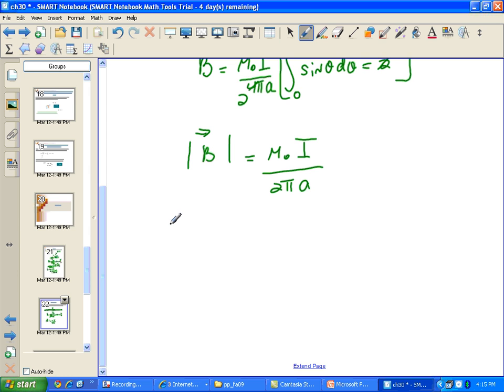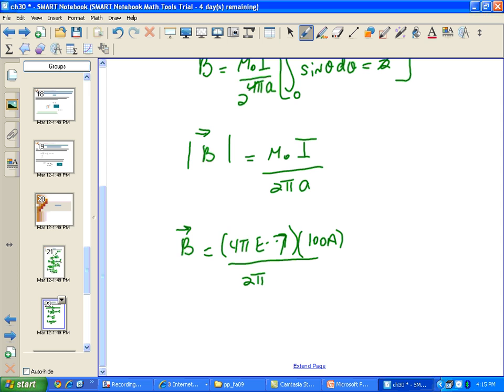So when we are looking at the value of the magnetic field above the power line, we recall that that's in the minus k hat direction. We substitute all our numbers, 4 pi e to the minus 7 times 100 amps divided by 2 pi times 1 meter.